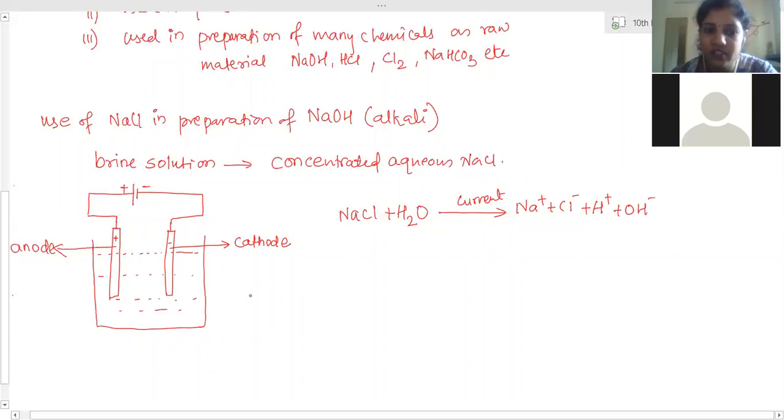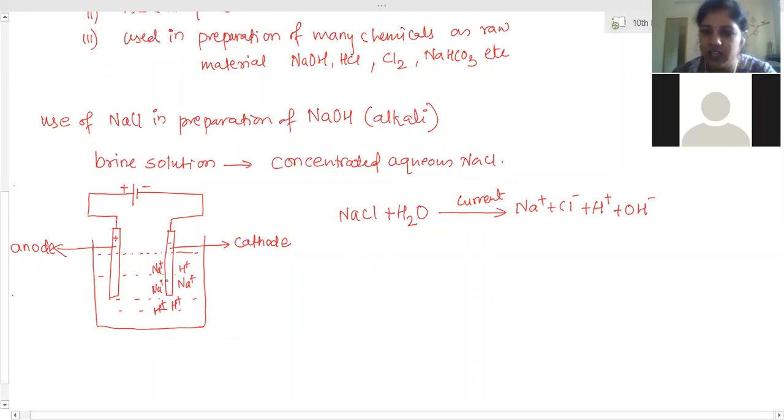All the positive ions first come towards the cathode, gathering towards the cathode because the cathode is negatively charged. These are the Na+ ions and H+ ions. Both are positively charged, sodium also positively charged. So these gather around the negatively charged cathode because opposite charges attract.